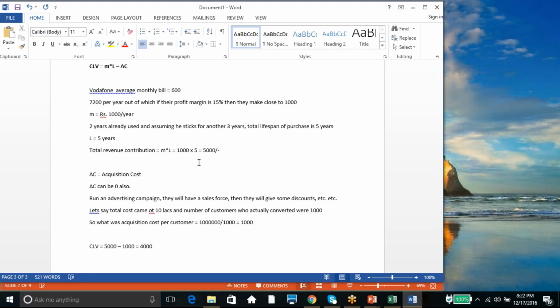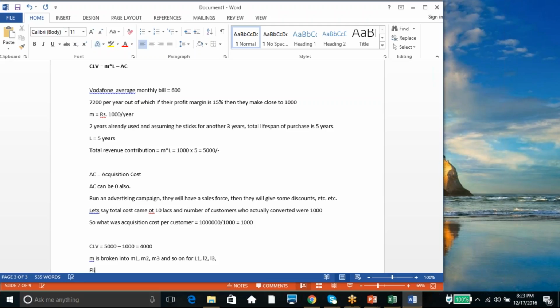Now, of course, it is not as simple a calculation as it looks here. It is easier to do this from a teaching perspective, but in the actual calculation M is broken into M1, M2, M3 and so on for L1, L2, L3 and so on.